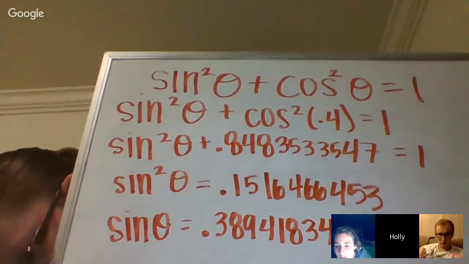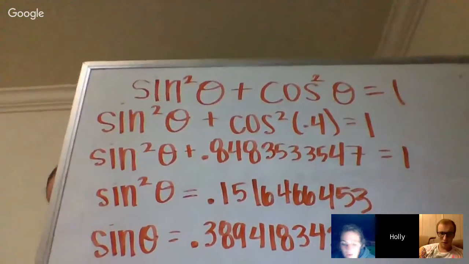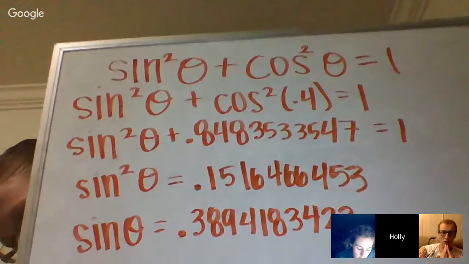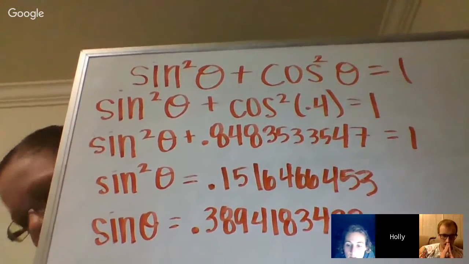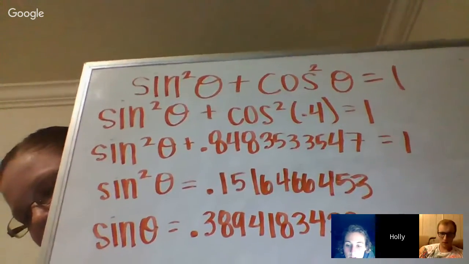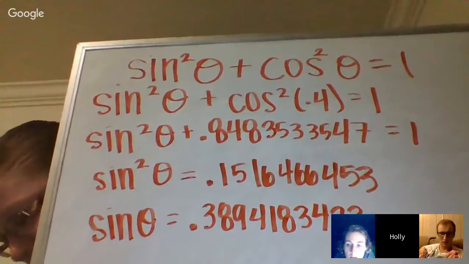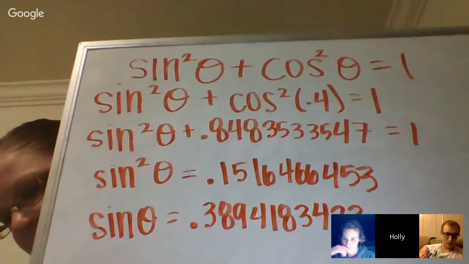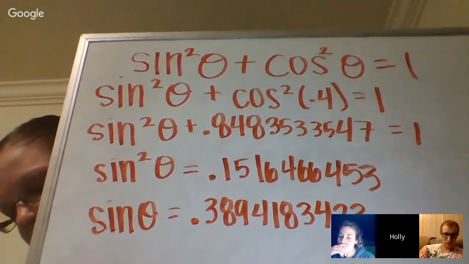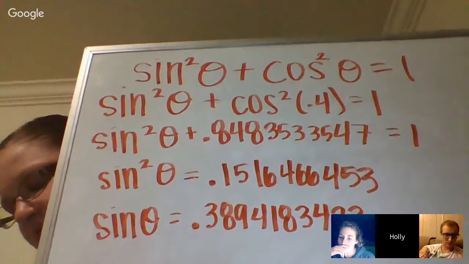Okay. One moment. I know it's right because I checked it. If you do sine times that number plus cosine 0.4, you'll get 1.